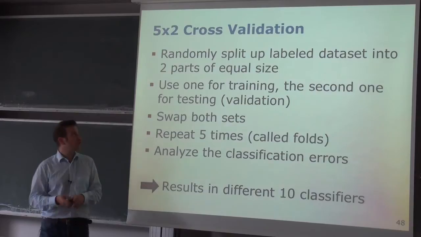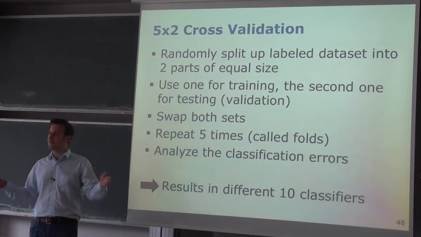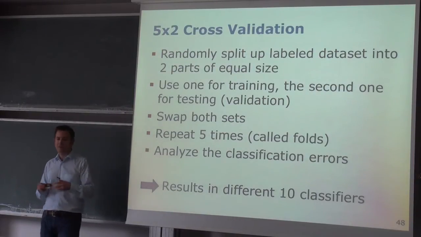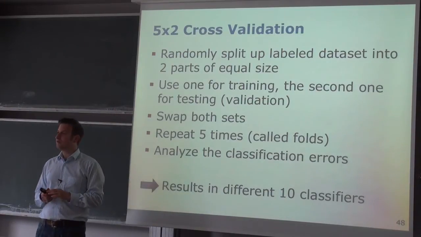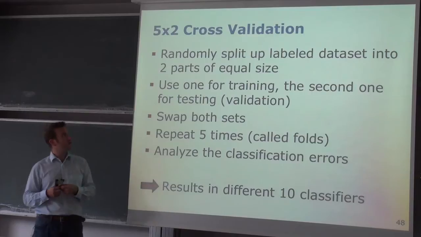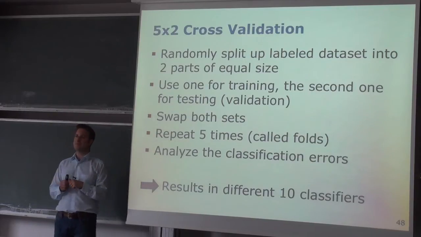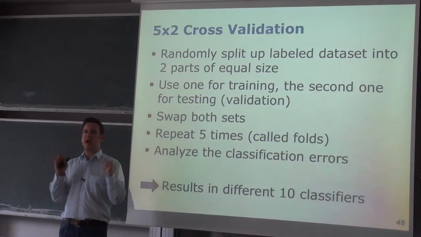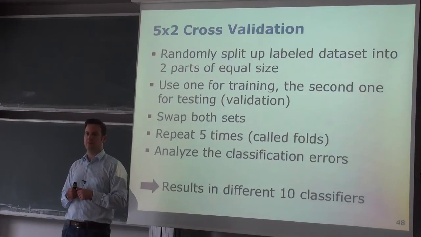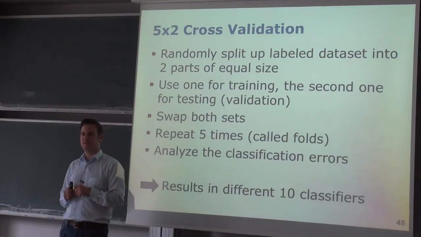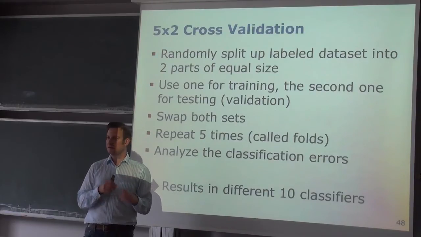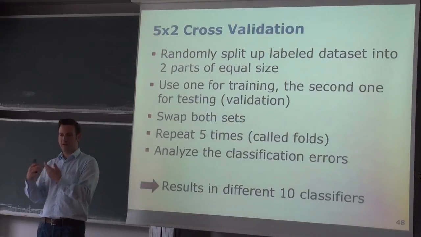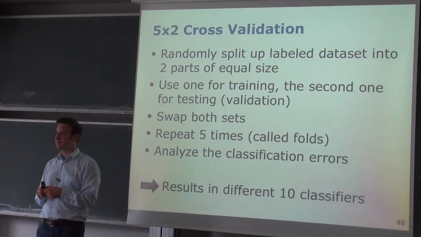Cross-validation is one family of evaluation one can do, and there's the 5x2 cross-validation, which is quite frequently used. It works as follows. We take our large labeled training data set and simply split it randomly into two parts of equal size. Then I take part number 1 and train my classifier on it, and I take part number 2 to evaluate how well the classifier performs.